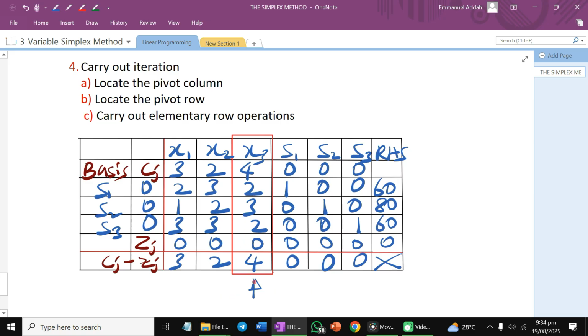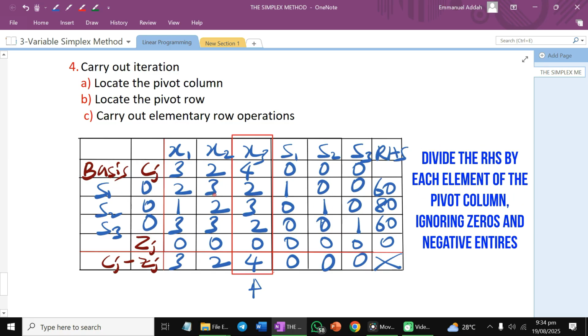After getting the pivot column, you now look for the pivot row. You divide the right hand side by each of the elements in the pivot column, ignoring the values that are zeros and negatives. Any entry that is 0 will be ignored, and any entry that is negative will be ignored.